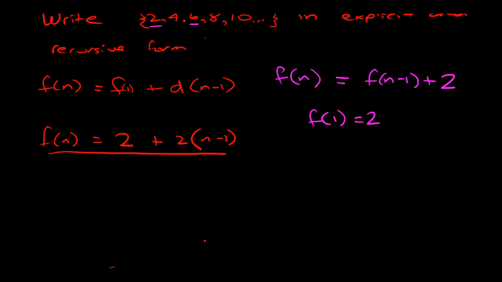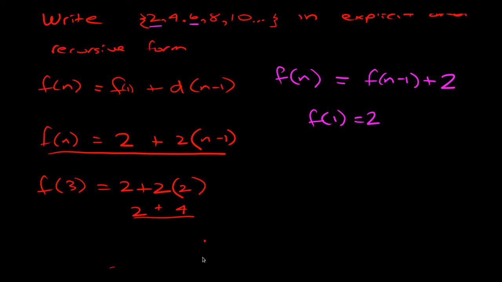Let's start off with the explicit rule. This becomes f of 3 is equal to 2 plus 2 times, well, 3 is n, 3 minus 1. So that's just 2. 2 times 2, 4 plus 2, 6. Oh, okay, cool, that matches.